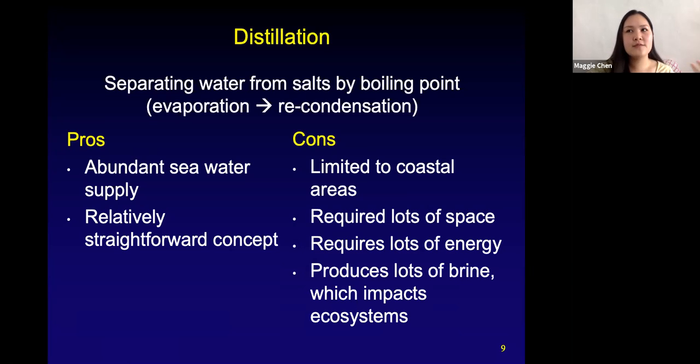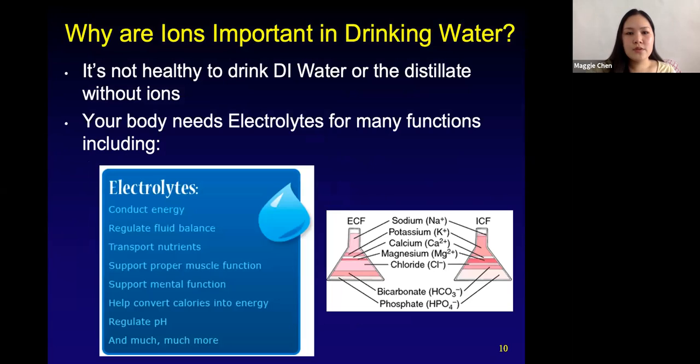That would have to go through another treatment process before it can be released back into the ocean. It impacts ecosystems, so you can't directly release it back to the ocean without treating it first.